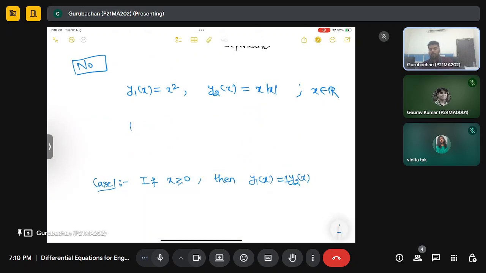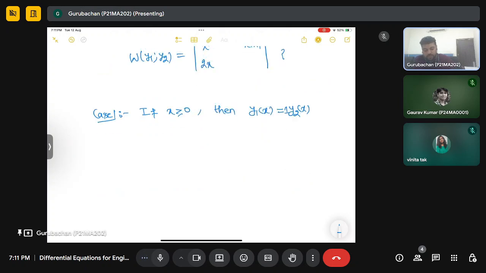So the Wronskian of y1 y2 has rows x square, x mod x and 2x. Since x can be positive, x can be negative, the cases will be divided.